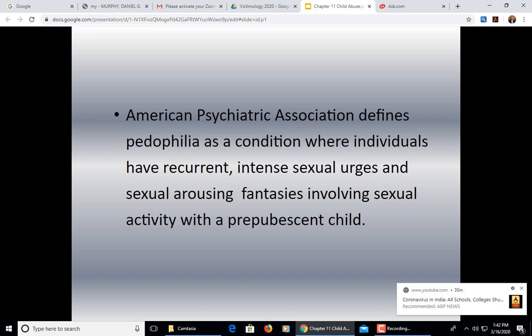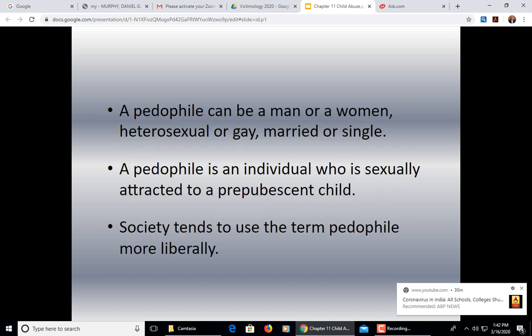It's only when you act on those desires that you convert from a pedophile to a child molester. So the simple definition of a pedophile is someone who's sexually attracted to prepubescent children. A pedophile can be a man or woman, heterosexual, gay, it doesn't matter. Anyone can be a pedophile.